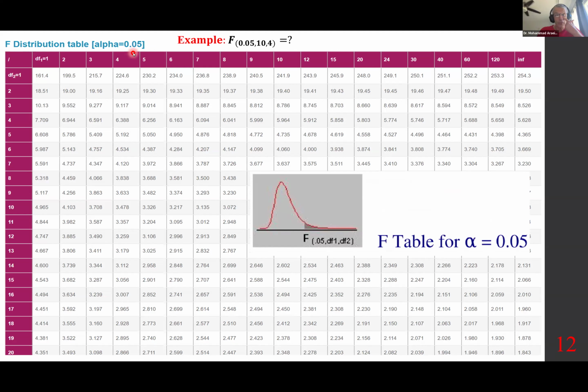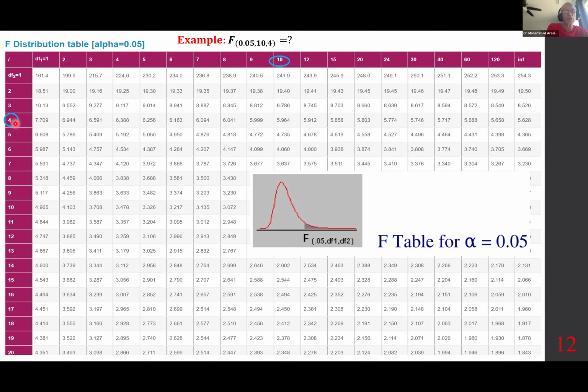As an example, if we want to find F of 0.05, so we have chosen the right table, degrees of freedom 10 and 4. So at top here, the first degrees of freedom for the numerator must be 10, so we're going to locate 10. Then 4, the first column, we're going to locate 4 degrees of freedom of the denominator.